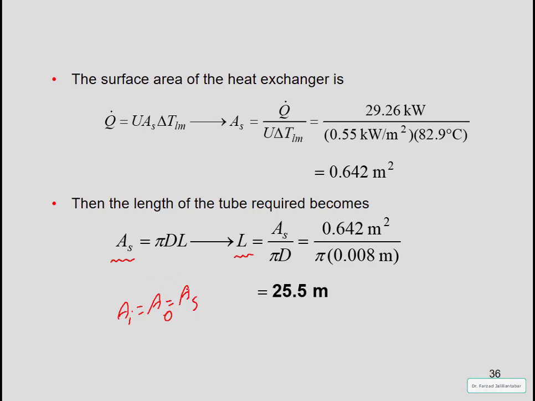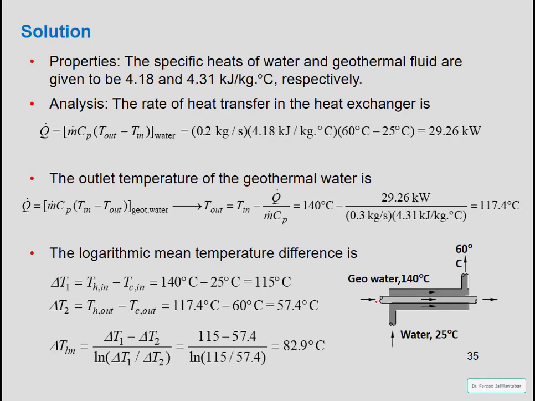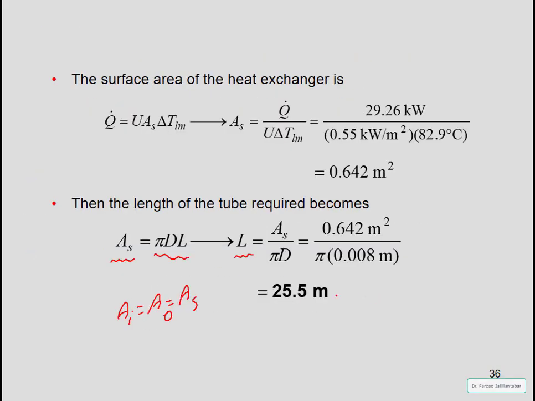And that effective surface area can be calculated by this equation. If you remember, this is the surface area of this tube, actually the inner tube. Pi, its diameter, it is given 0.8 centimeter, and times its length. But we don't have AS and we don't have L actually.